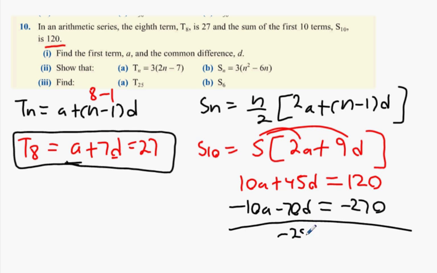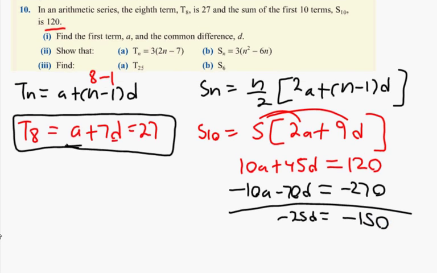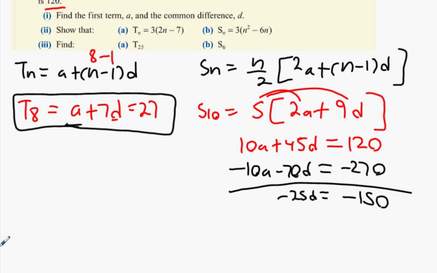Minus 25D equals minus 150. And then D equals 6. That makes sense? Yeah. D equals 6. Have to now find out what A is.